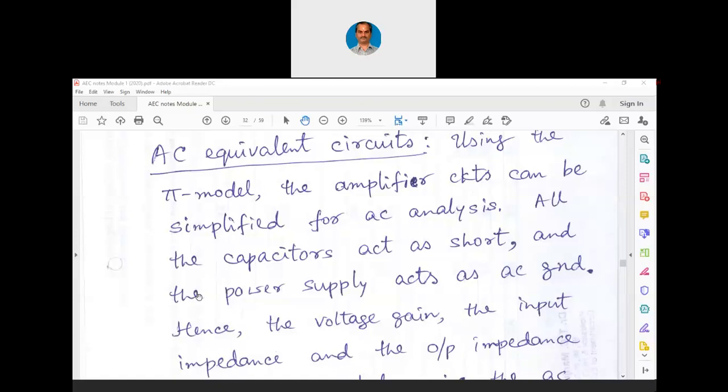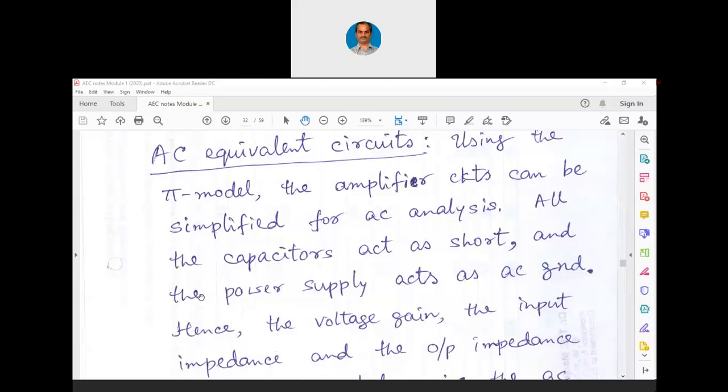So here, just for simplification, we presume that the transistor can be linearly modeled around the Q point, and we have seen a model called the pi model, where at the input side we have a resistance called beta into Re, where Re is nothing but the dynamic resistance of the emitter. As the base current is beta times lesser than the emitter current, we can represent the same resistance multiplied by beta.